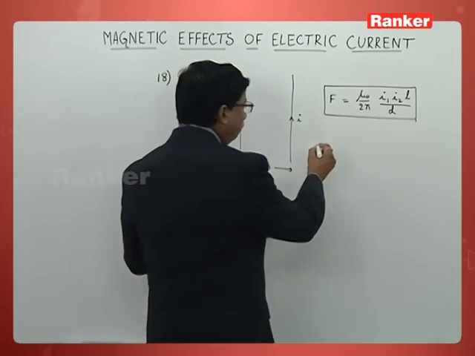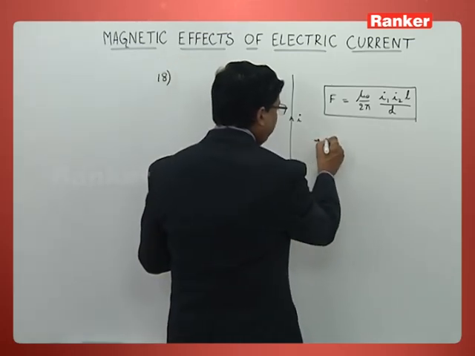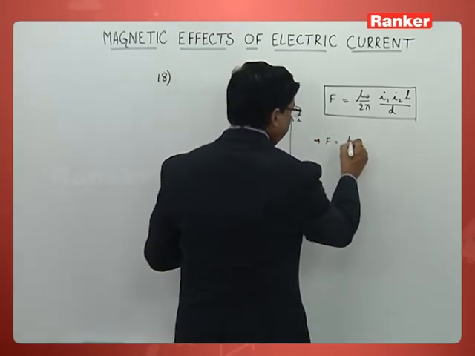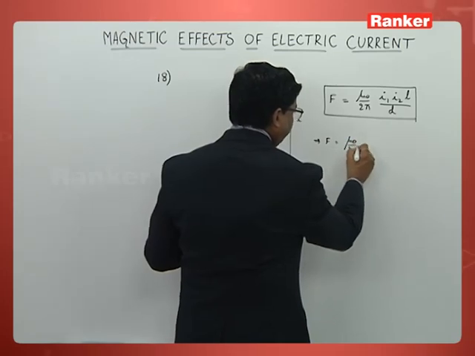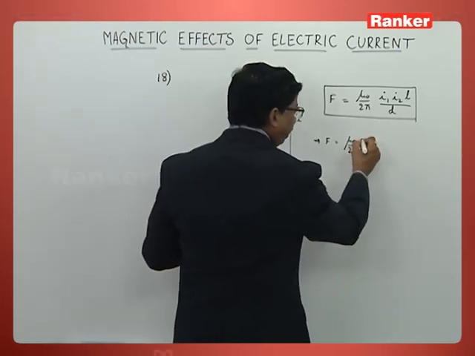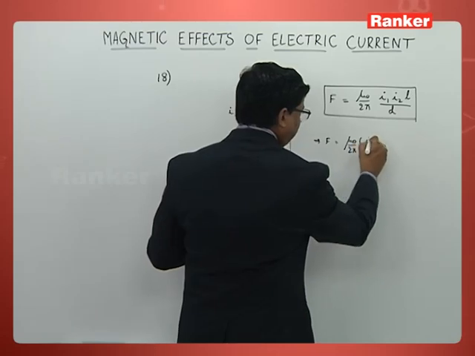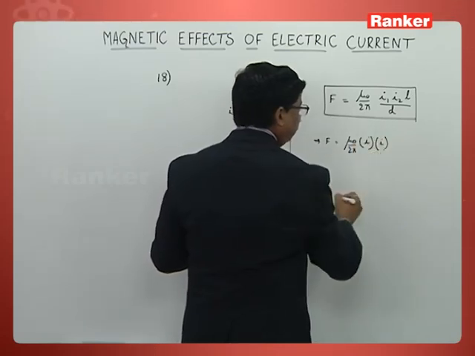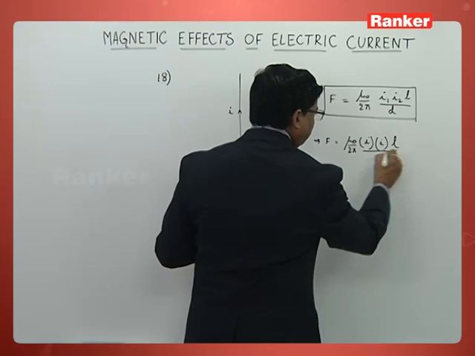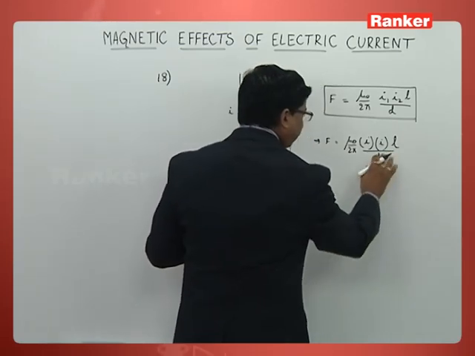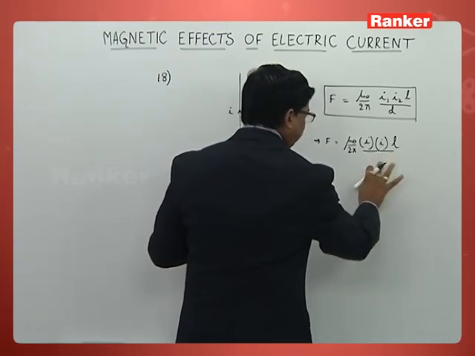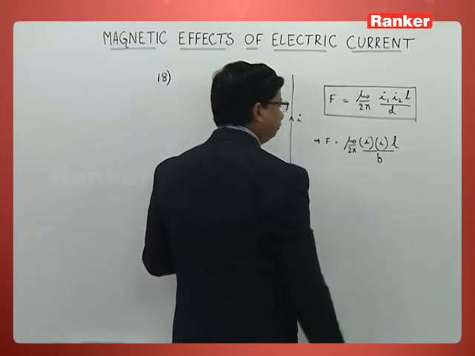Now here what are the values he has provided? I write them. Mu naught by 2 pi, I1 into I2, that is I into I, into L by d. That d in this particular case is given as B.